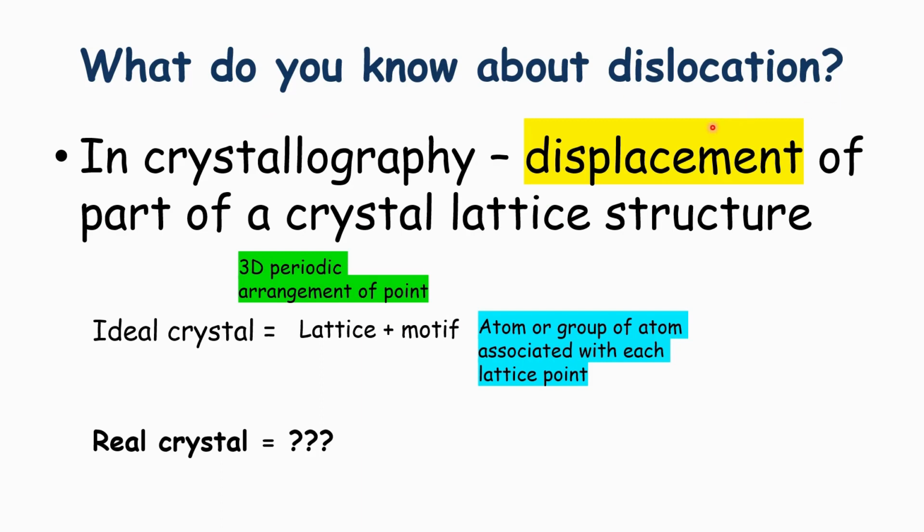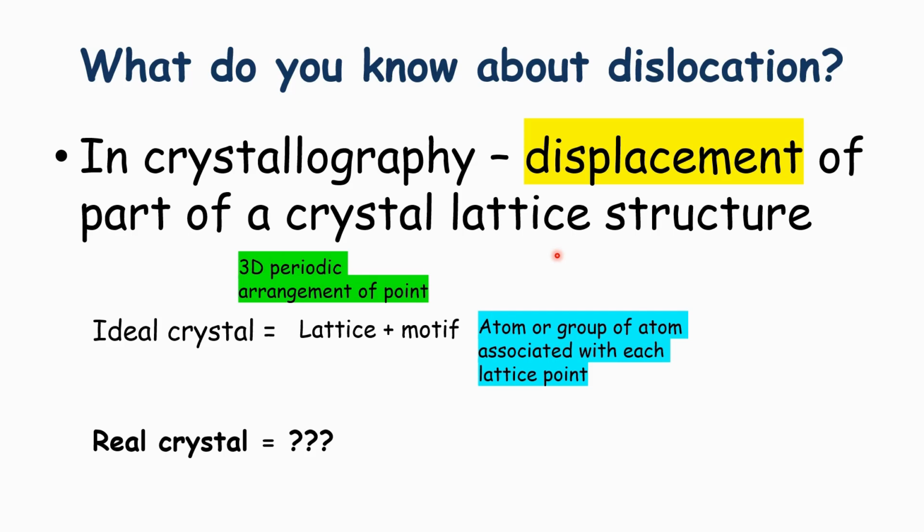So in crystallography, dislocation is the displacement of a part of a crystal lattice structure. So we can say that dislocation is a defect in crystal structure where the atoms misalign.